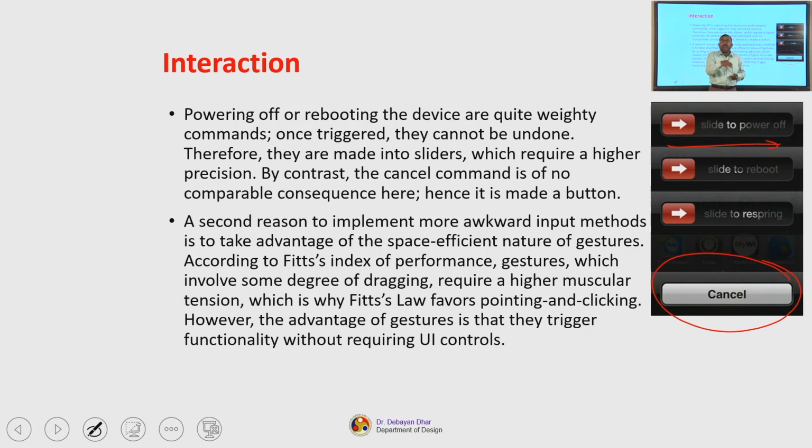That is what we call it, the index of performance is higher. It requires a higher muscular tension, which is why Fitts law favors pointing and clicking rather than these input methods.